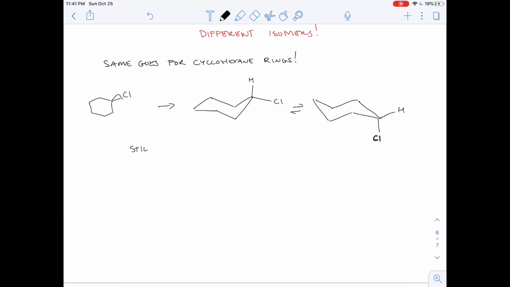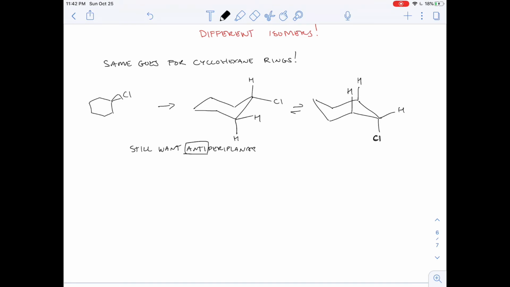Now, when it comes to elimination reactions, however, the equatorial position does not allow for the antiperiplanar conformation. And so we still want the antiperiplanar conformation, and the only way we can achieve that is if our chlorine, our leaving group, is in the axial position.